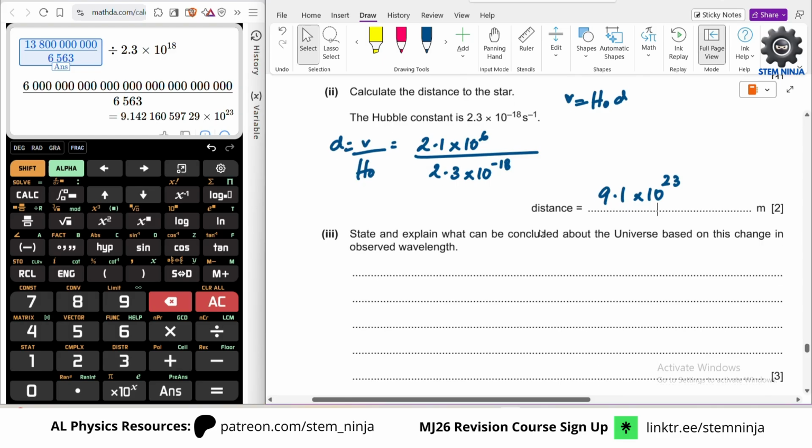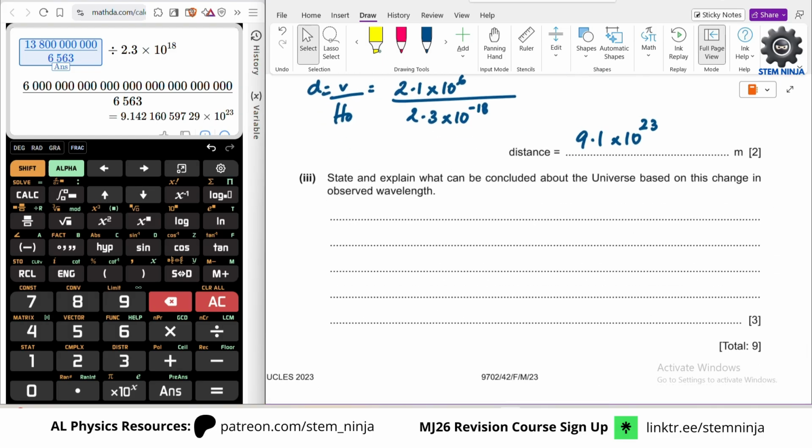State and explain what can be concluded about the universe based on this change in observed wavelength. So this change in observed wavelength basically indicates redshift, and that means the object is receding from the Earth.